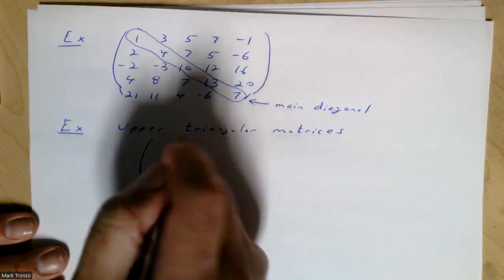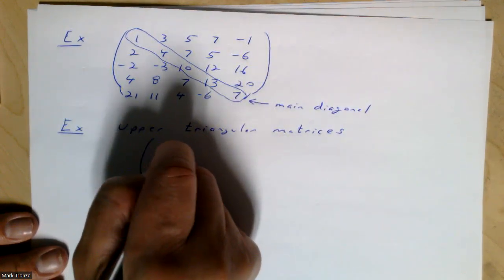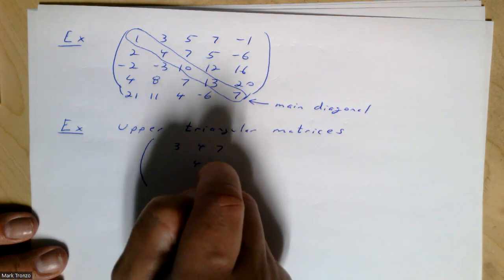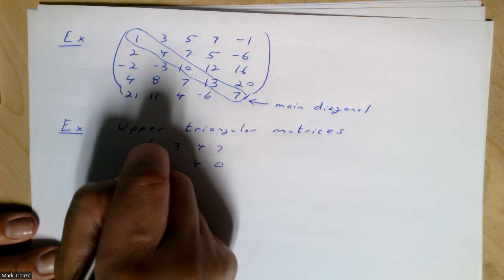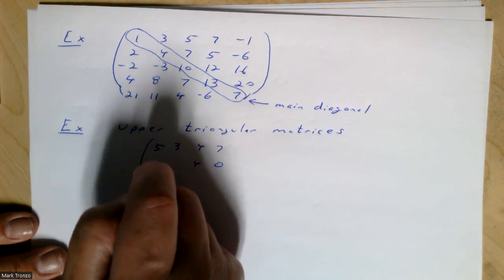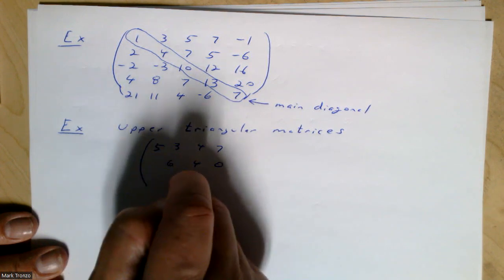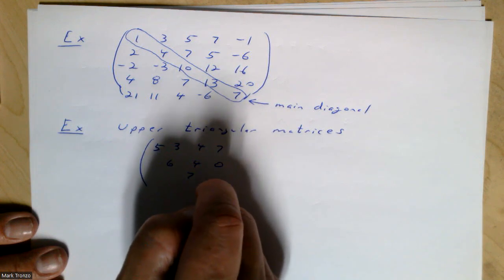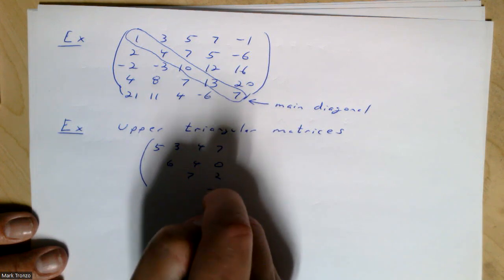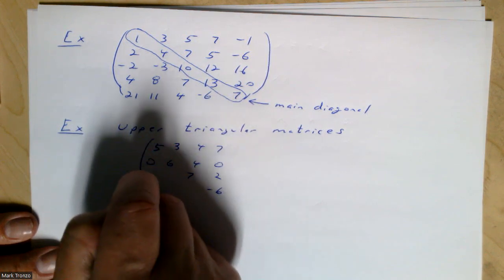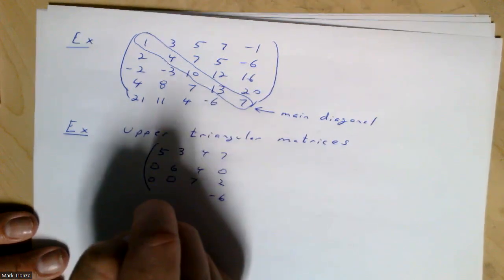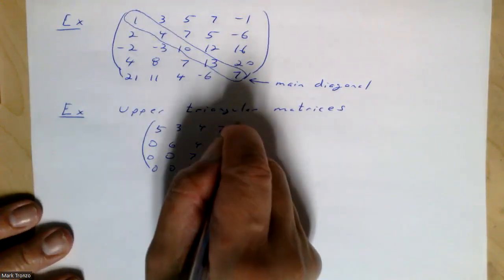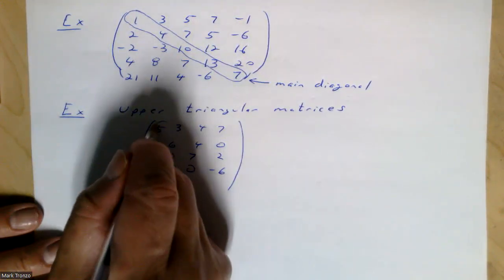Would be matrices like, you have numbers up here, but you have all zeros below the main diagonal. So again, here was the main diagonal.